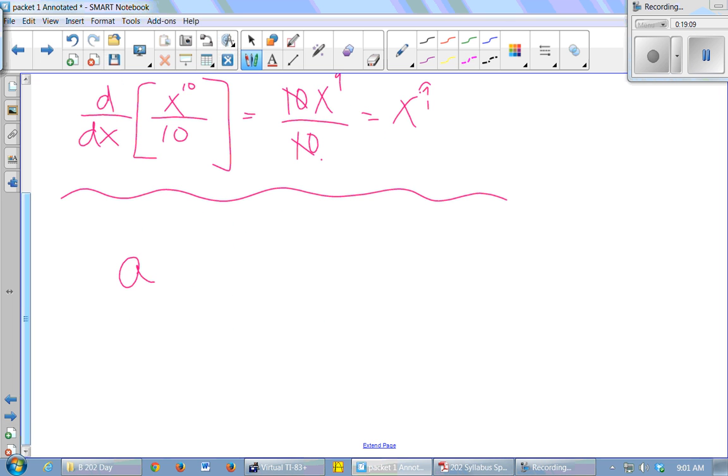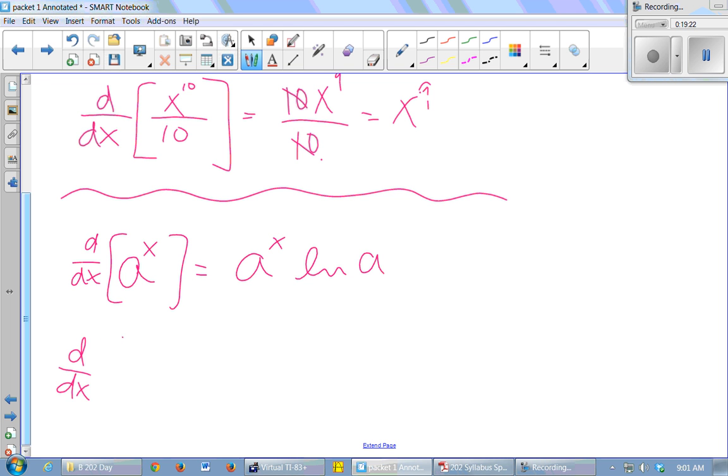So if I have a to the x and I take its derivative, I get a to the x ln a. But what I really want is a function that when I take its derivative, I just get an a to the x, no ln a. So I definitely need an a to the x in here, because that part is good.